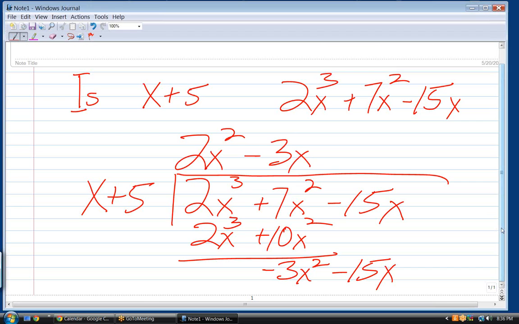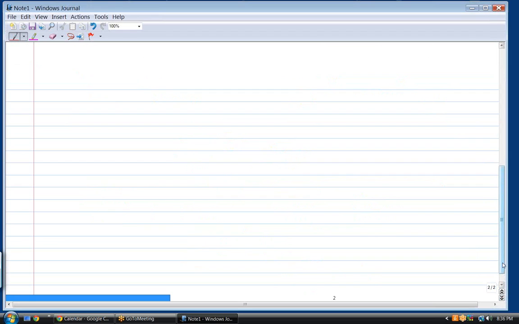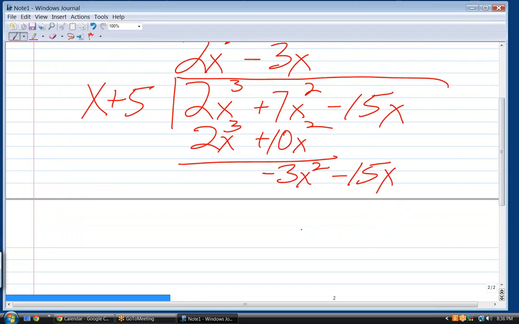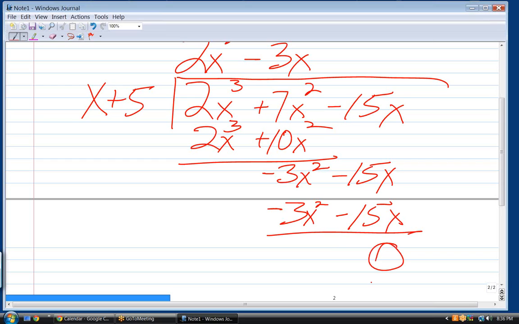Okay, multiply. Hold on, let me make more room here. There we go. So we're going to get minus 3x squared, minus 15x. Subtract. 0? No remainder, therefore it's a factor.